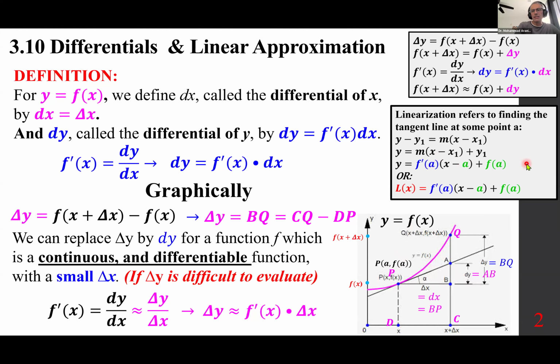This is the line that is known as the tangent line. We're going to call it L of x. Rather than memorizing it in this format, just go with the point-slope form and come up with the equation of a tangent line. Make sure you simplify it and put it in the form y equals mx plus b.